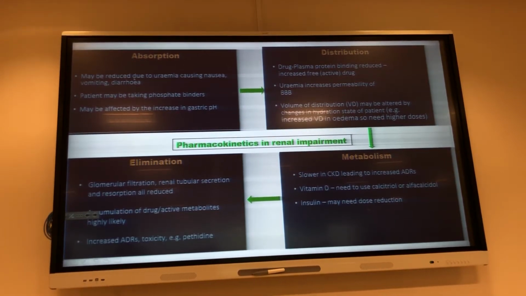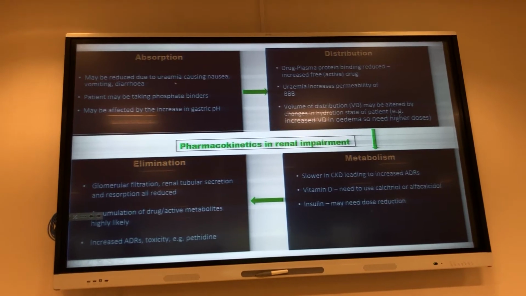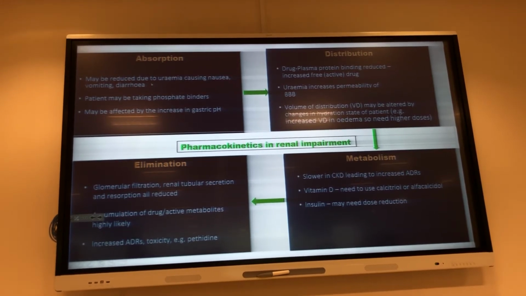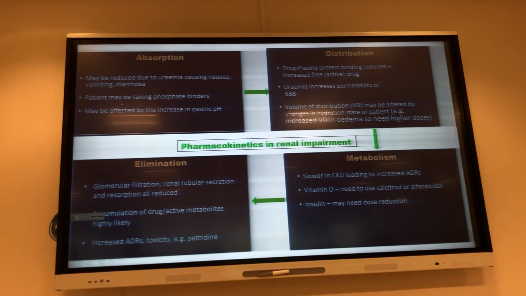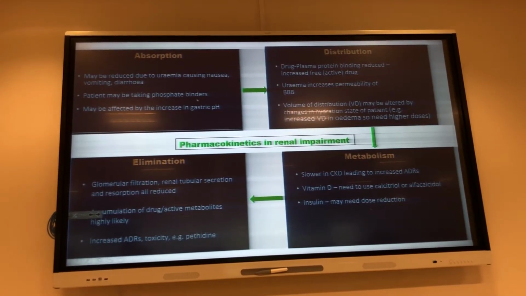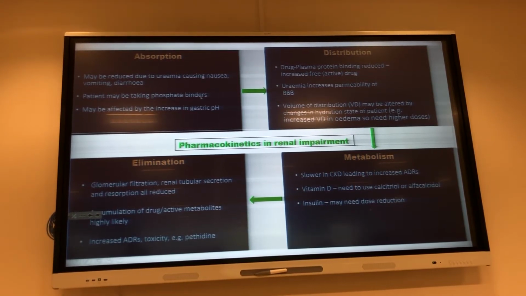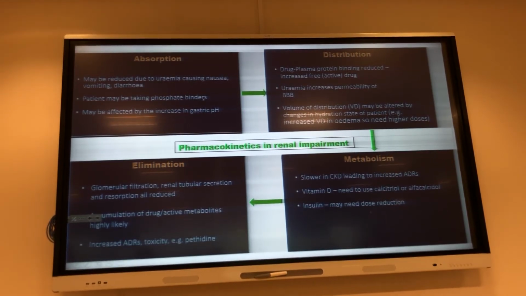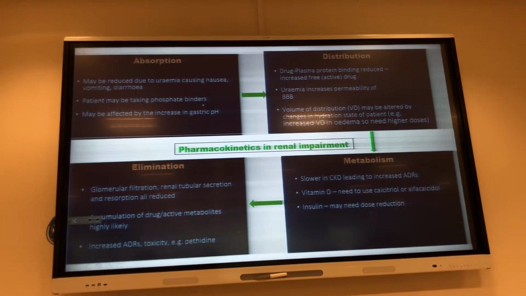In renal patients, uremia can cause nausea, vomiting, and diarrhea, which can reduce absorption of the drug. If the patients are using drugs such as aluminium or calcium phosphate binders with other drugs such as antibiotics or iron supplements, this can reduce the absorption of the drug, as can the reduced gut motility.